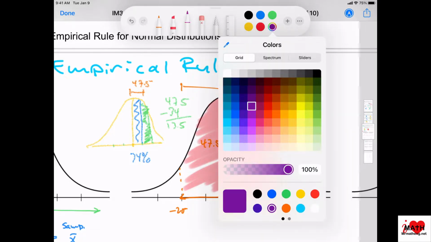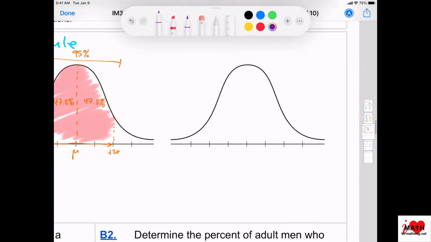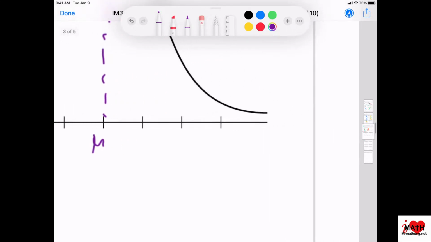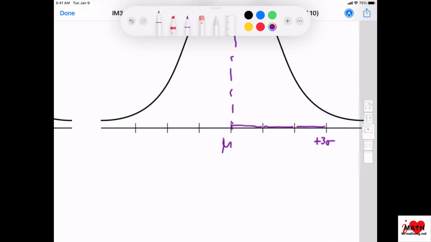Let's do purple. The last one is within, from the center, 3 standard deviations. Let me count those out loud. 1, 2, 3 standard deviations. And if you go towards the left, 1, 2, 3.